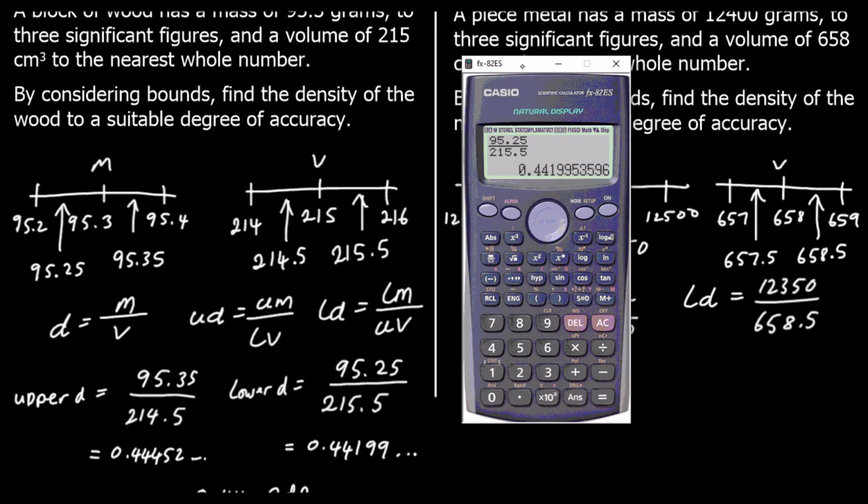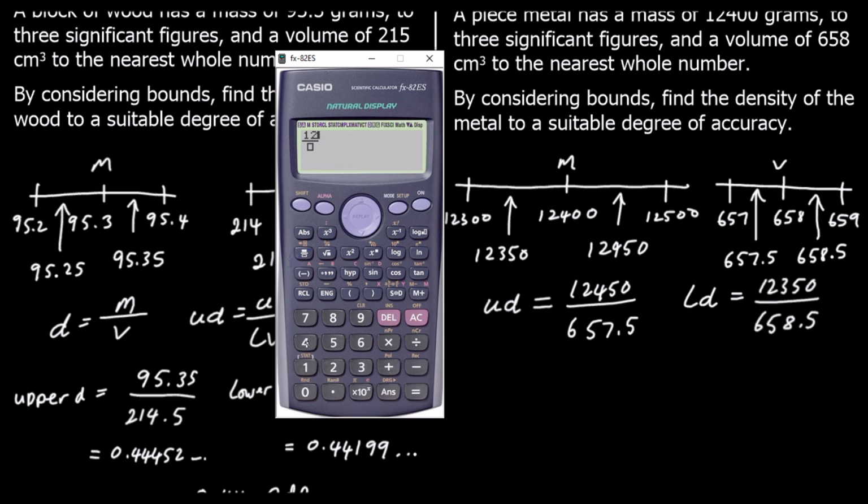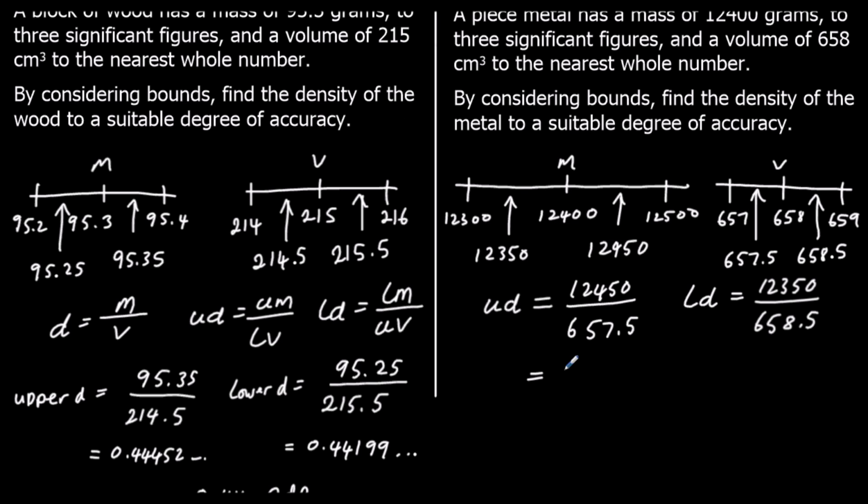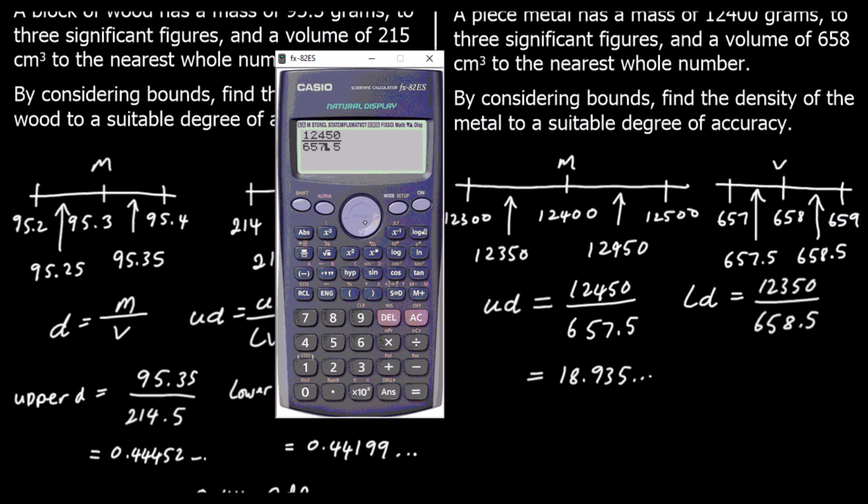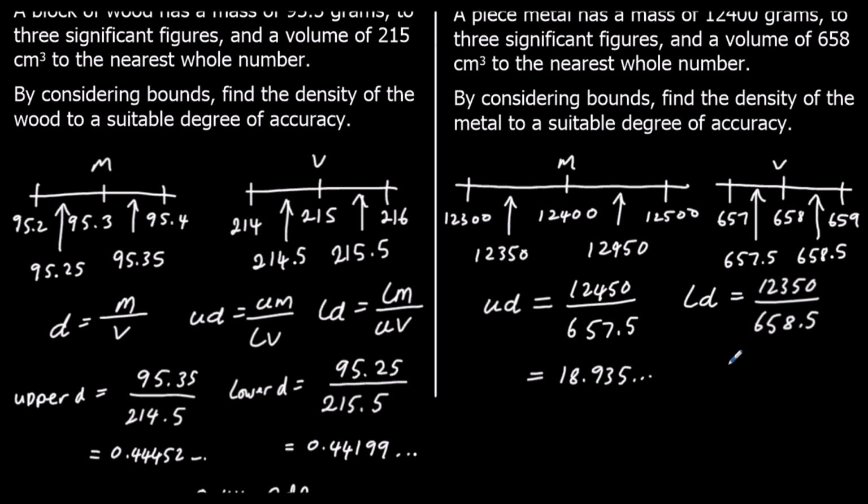So let's type them in. So the upper bound, I've got 18.935 and so on. And the lower bound, I've got 18.754 and so on.